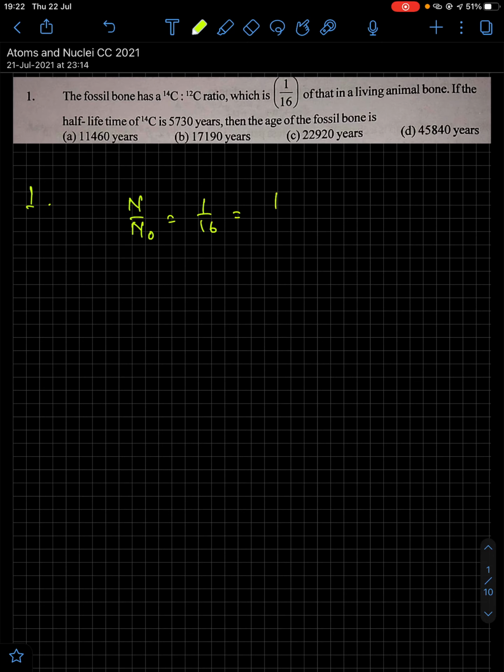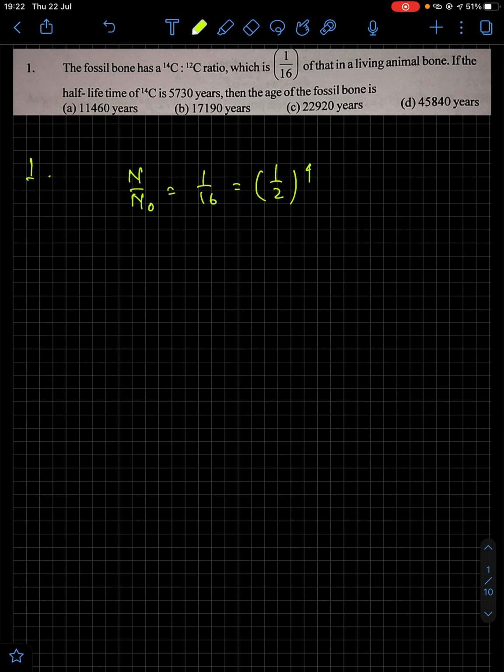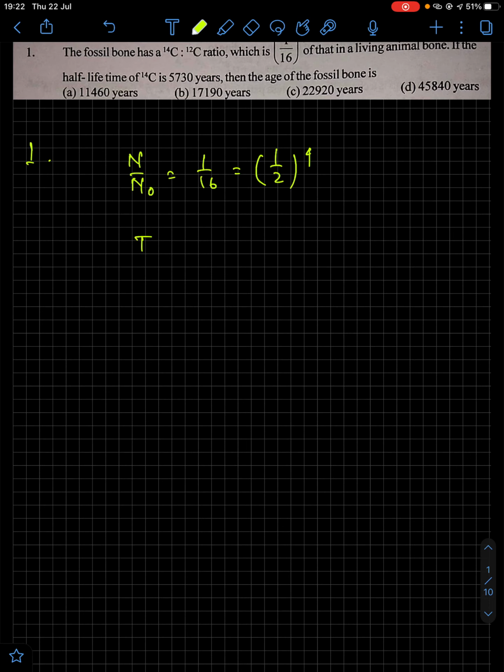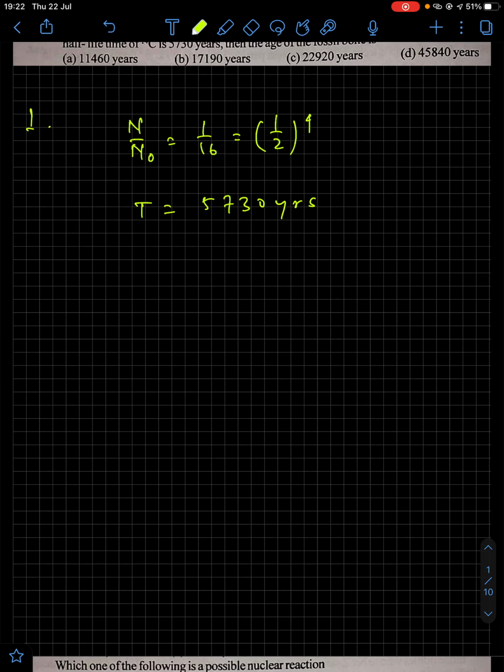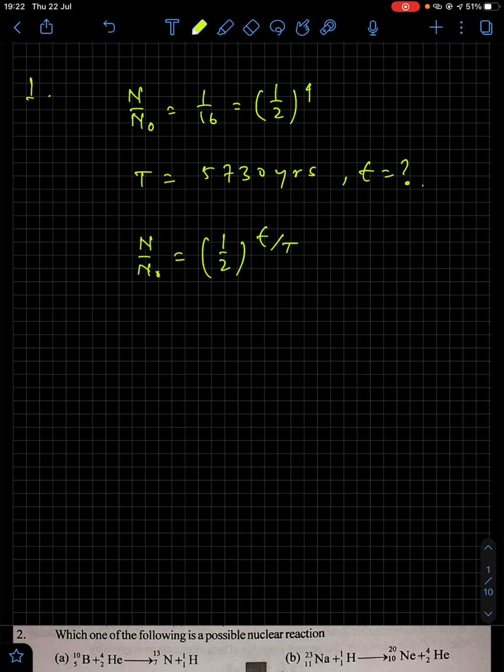Now this can be written as 1 by 2 to the power 4. What is the half-life time? 5730 years. Yes, so we have this relation N by N naught equals half to the power t by T, and here you're finding out small t.